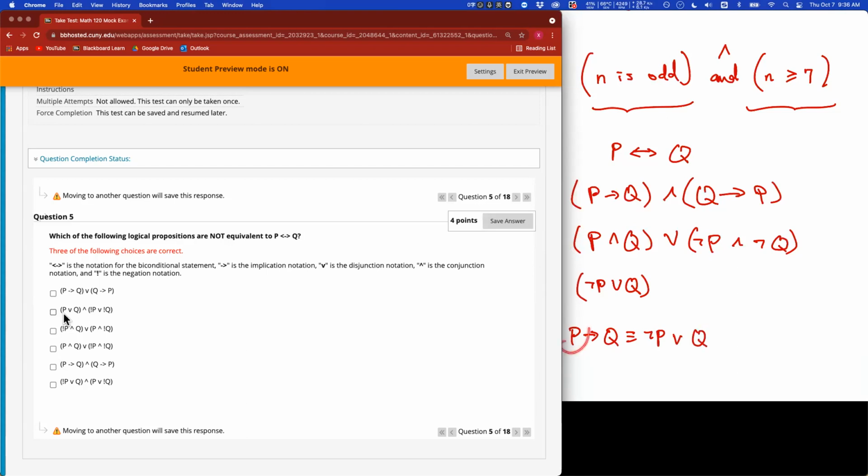Since if P is true, then you know Q is true. Otherwise, P is not true. So you will either have not P or Q.